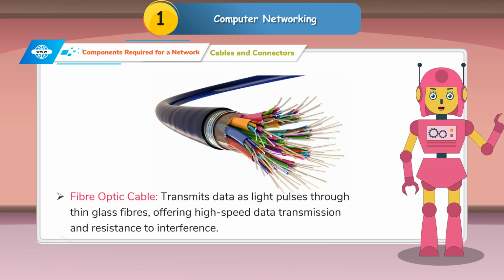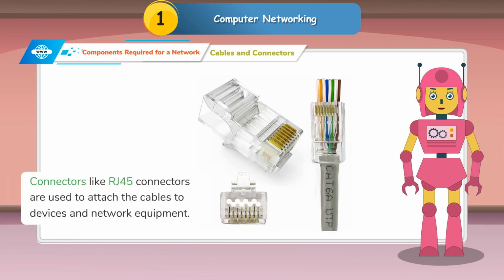Fiber optic cable transmits data as light pulses through thin glass fibers, offering high-speed data transmission and resistance to interference. Connectors like RJ45 connectors are used to attach the cables to devices and network equipment.